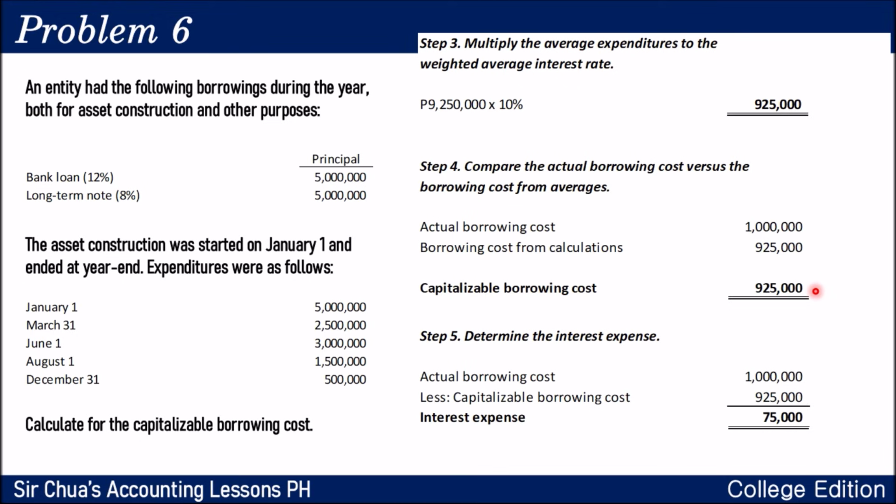Determine the interest expense. Okay? So, yung borrowing cost po kasi talaga natin na interest is 1 million. Pero ang attributable lang daw po sa ating borrowing is 925,000. So, yung 75,000 ay ilalagay po natin as interest expense. Yung 925,000 po ay capitalizable as an asset.